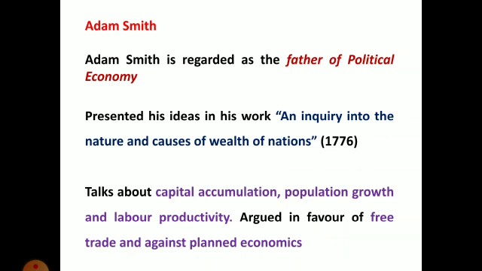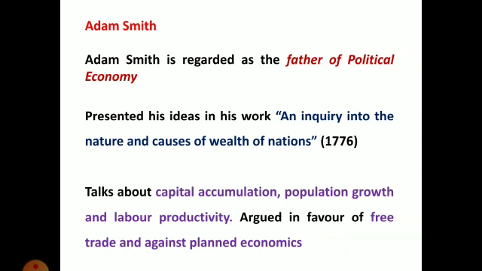He has presented his economic ideas in his famous work, An Inquiry into the Nature and Causes of the Wealth of Nations, which was published in 1776. The title of his famous work reflects that economic growth and development were the main topics that concerned Adam Smith.